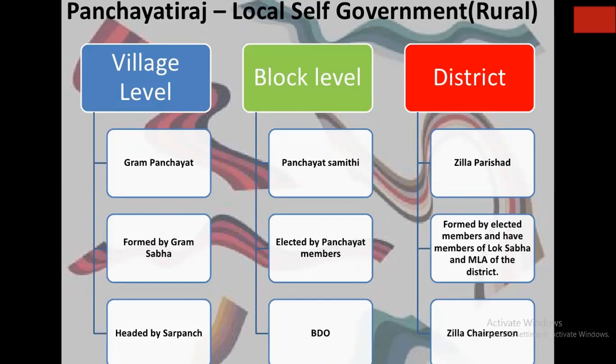At block level it is the Panchayat Samiti, elected by Panchayat members and the BDO. Then the district has the Zilla Parishad, formed by elected members, including members of Lok Sabha and MLAs of the district, and the Zilla chairperson. So these are the main local self-governments: Gram Panchayat, Panchayat Samiti, Zilla Parishad.